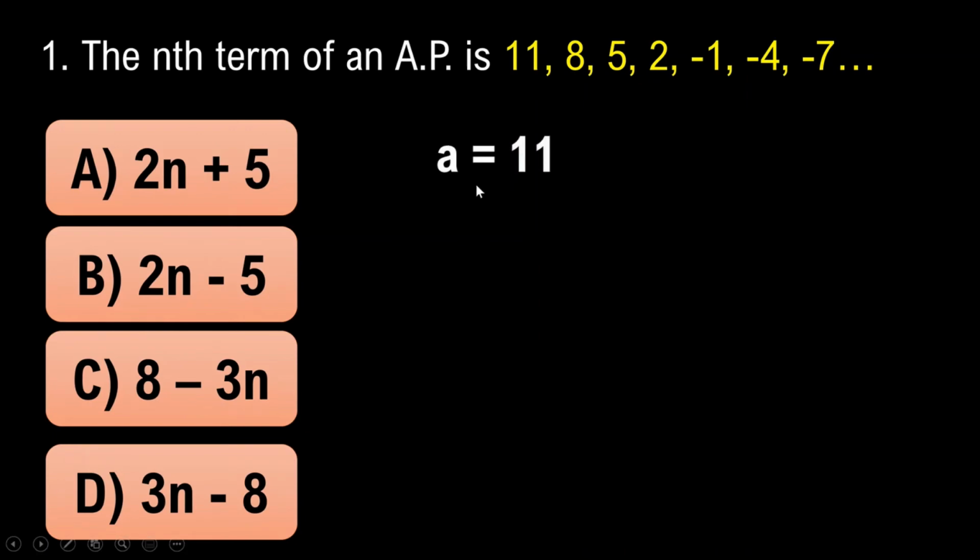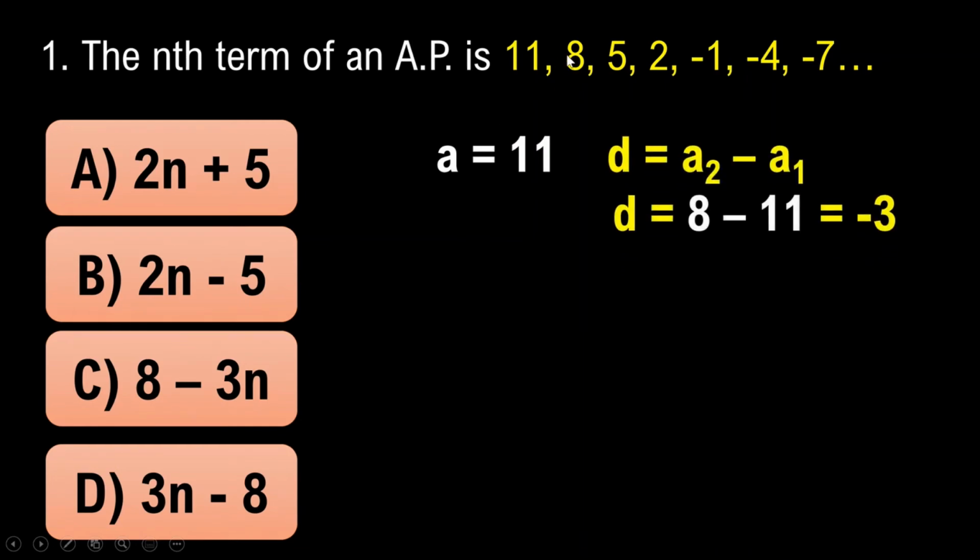So we know that a is 11, right, and d is a2 minus a1. Remember I told you that the sequence is very important, so we write a2 minus a1, which is 8 minus 11, that is minus 3. So an is a plus (n minus 1) times d, right?